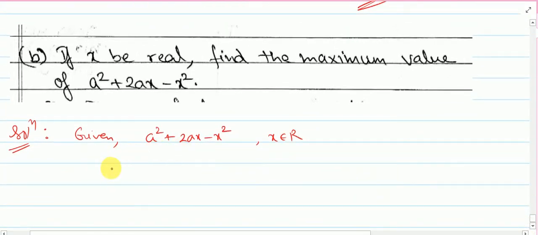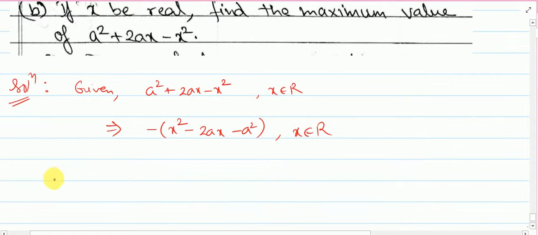Now the same thing can be written as a square minus x square minus 2ax, where x belongs to real number.